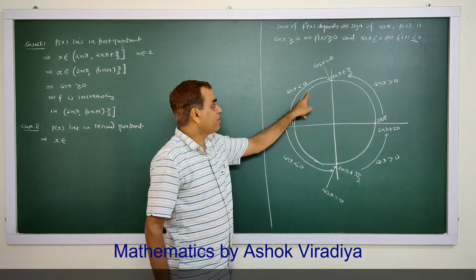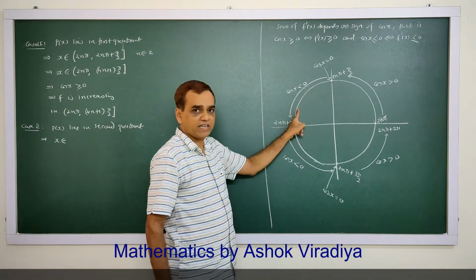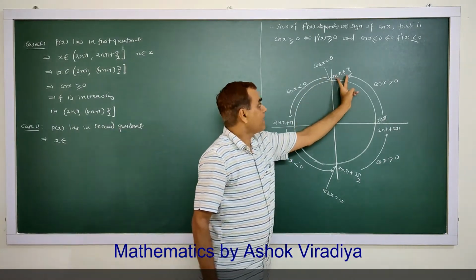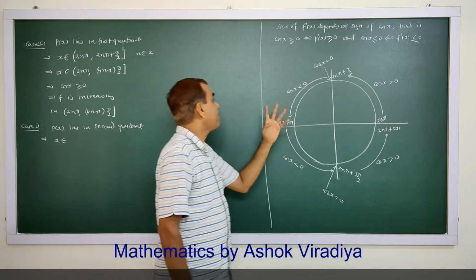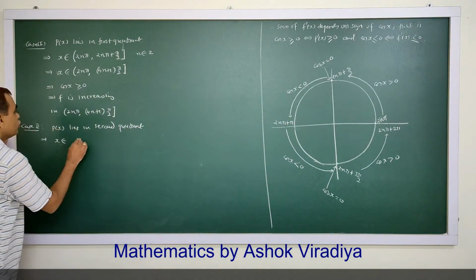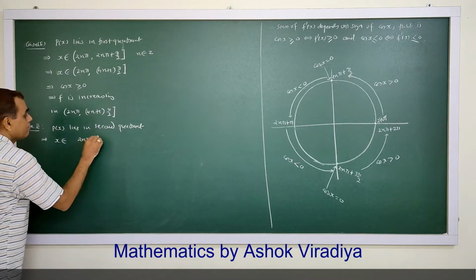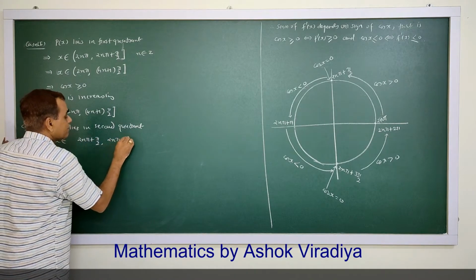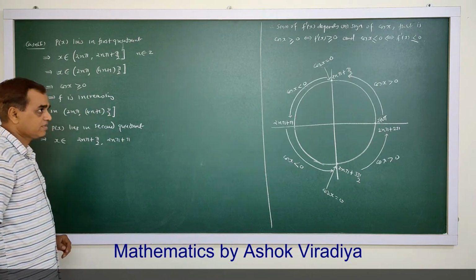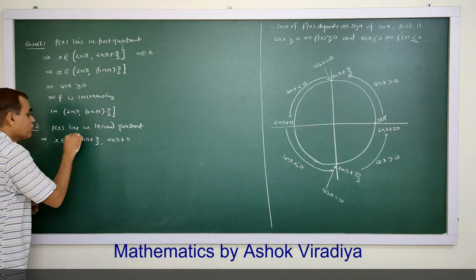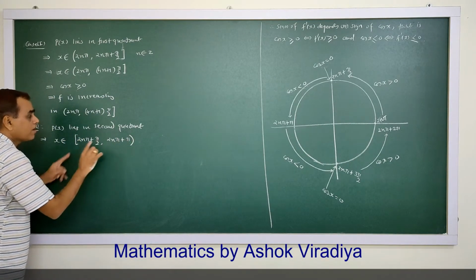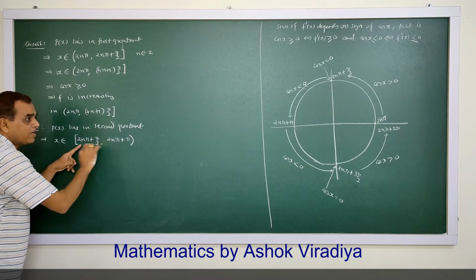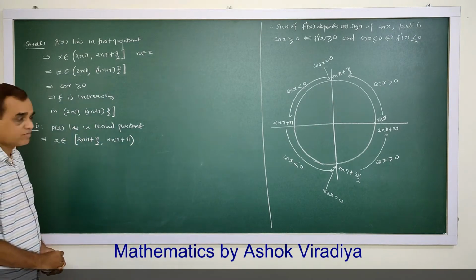If the point is anywhere on this part, then it covers 2n pi plus pi by 2 to 2n pi plus pi. Now this point I keep closed and the other open, because here cos x is equal to 0 and in the remaining part cos x is negative.